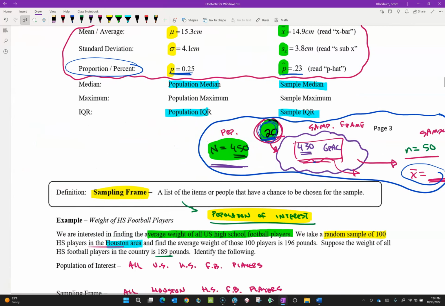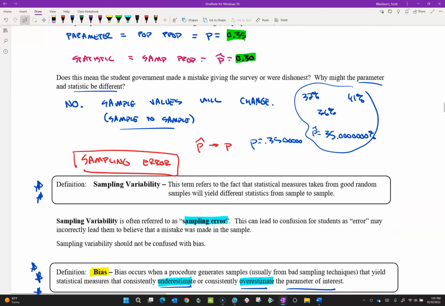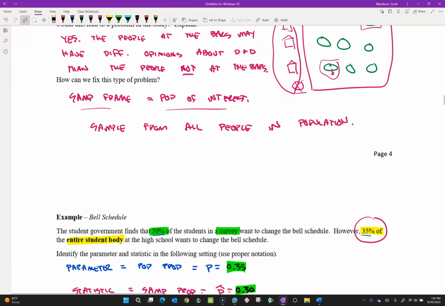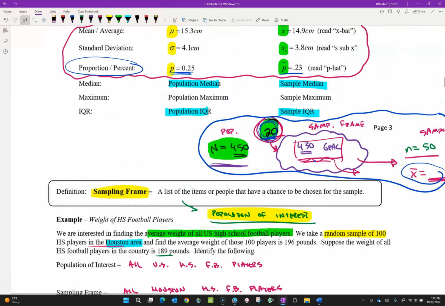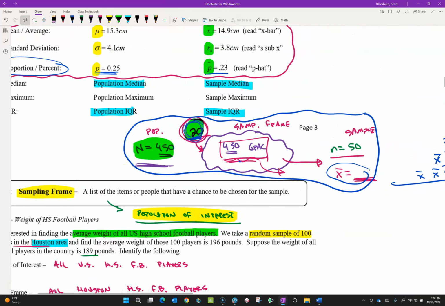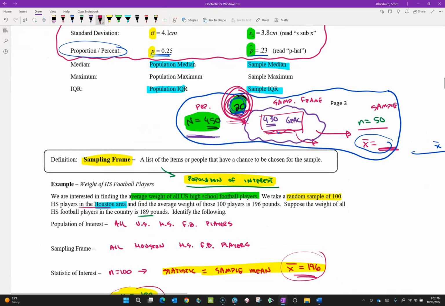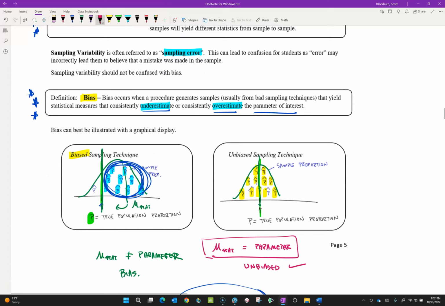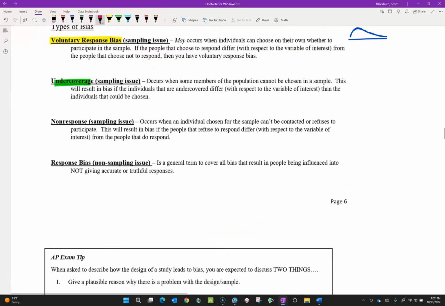And that could happen when you have undercoverage. Now, if you ask the question about what's your favorite color, do I have any reason to believe that the 20 people that are not at school on a given day have different opinions on what their favorite color is, or their height? The undercoverage might not be that big of an issue, depending on what your question is, right? So there's a lot of nuance to these ideas.